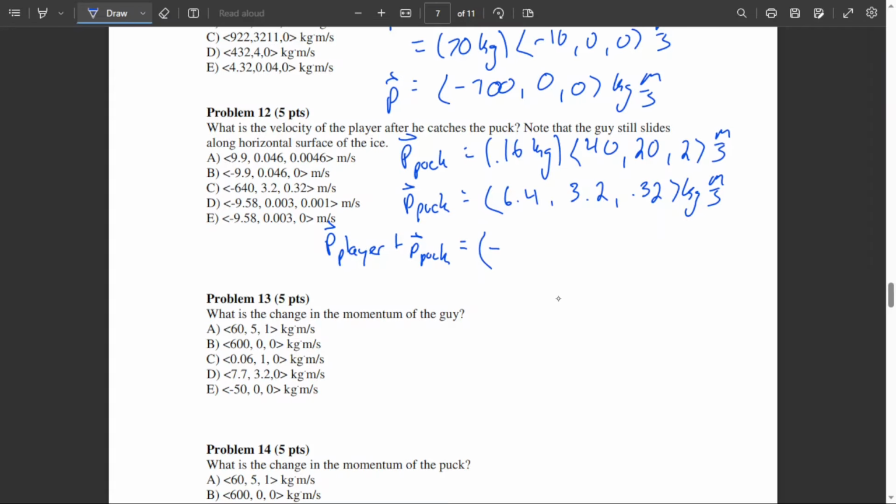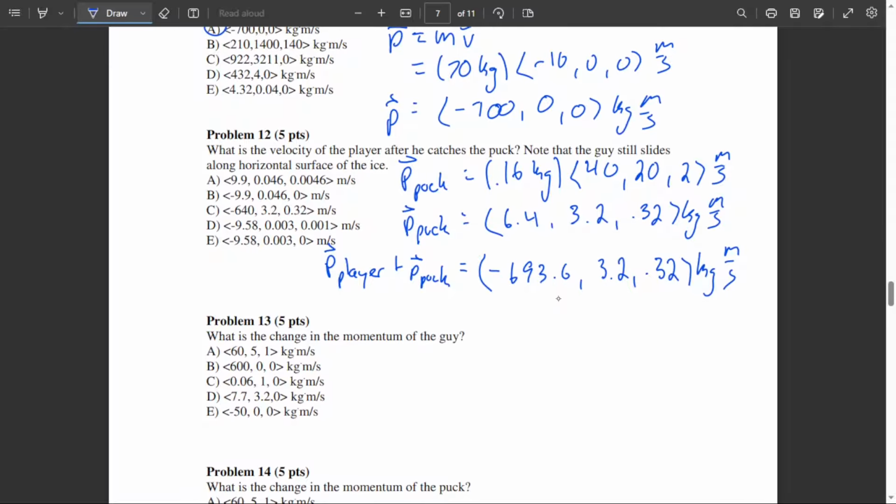Something like minus 693.6, and then 3.2 kilogram meters per second, and then we divide all this by their combined mass, the mass of the player plus the mass of the puck, and that will give us their velocity.